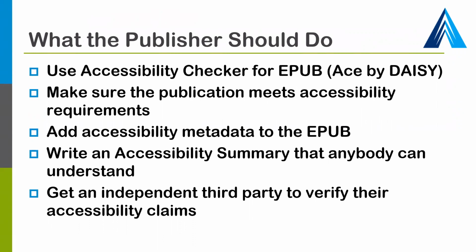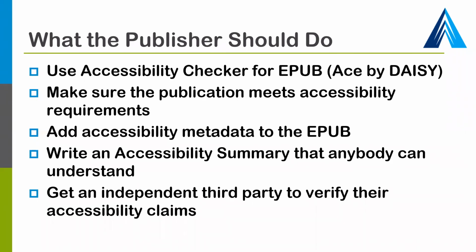So the publishers produce these EPUBs, and this is a brief rundown of what they have to do. They should be using the accessibility checker for EPUB, ACE by DAISY, which provides automated and manual guidance on how to check the EPUB, and we'll see more about that in a few minutes. It must meet the accessibility requirements of the standards, WCAG and EPUB.